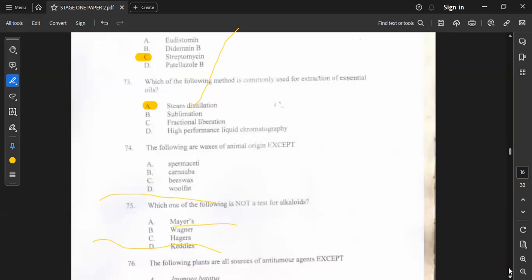I was going to say that they are also extracted using cold pressing for essential oils such as lemon or sweet orange. Which one is that, Nina? That's for 73. Extraction of essential oils can either be by steam distillation or cold pressing.